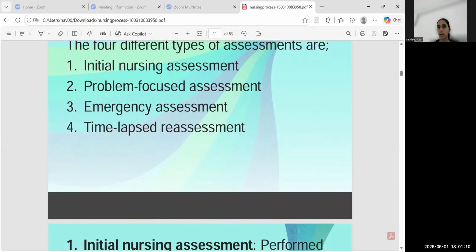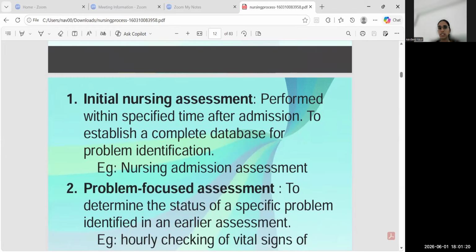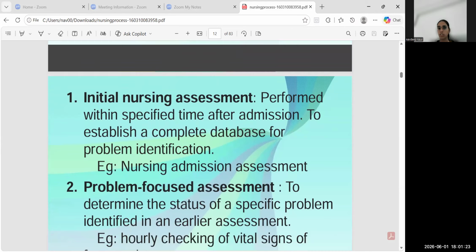According to that, we triage the patient and provide care according to their needs. The initial nursing assessment is performed within specified times after admission, to establish a complete database for problem identification, for example the nursing admission assessment, as the nurses can do their own assessment, and according to that they triage the patient.